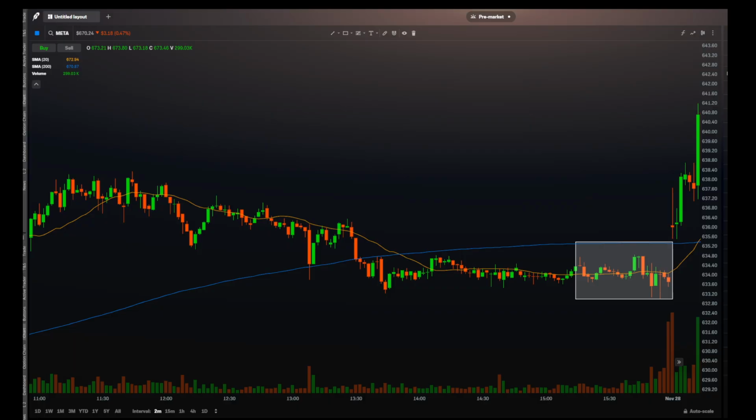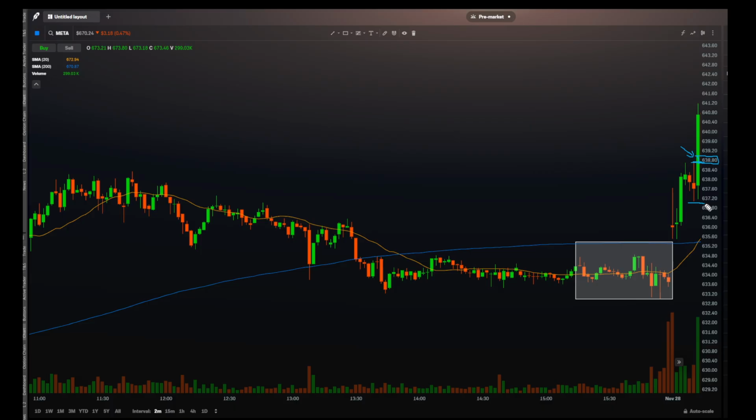As soon as you see this 20 up above and the 200 flat, all you do is wait for this big green candle, the high of this candle, to take out this red candle. As soon as this green broke above this red, I was in. 1638.80 was my entry price. No hesitation, no waiting on close, nothing.